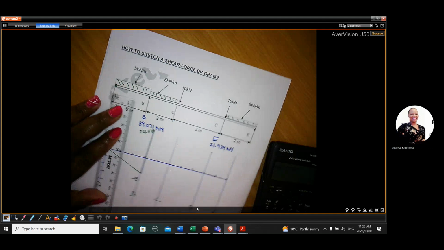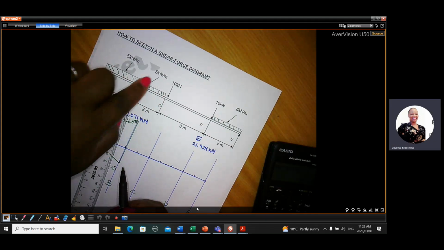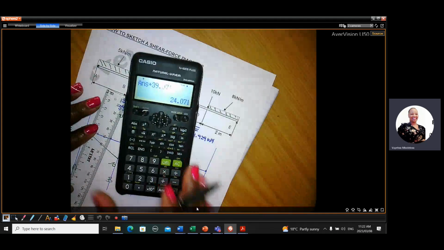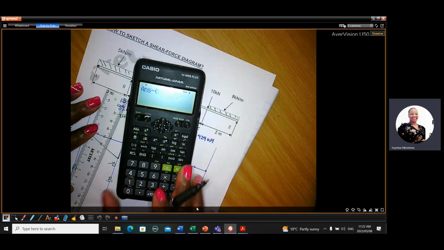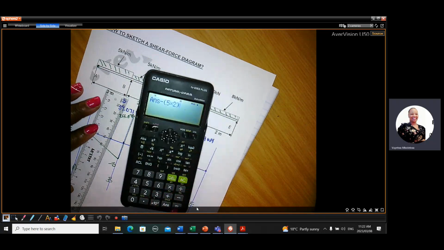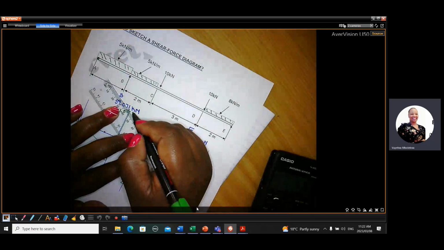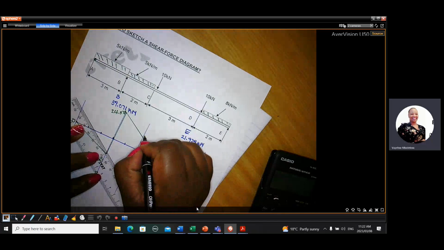Okay. And then at point B, we have a UDL of 5 covering 2 meters. So we subtract it, because it's a UDL of 5 covering 2 meters. It gives us 14.071.